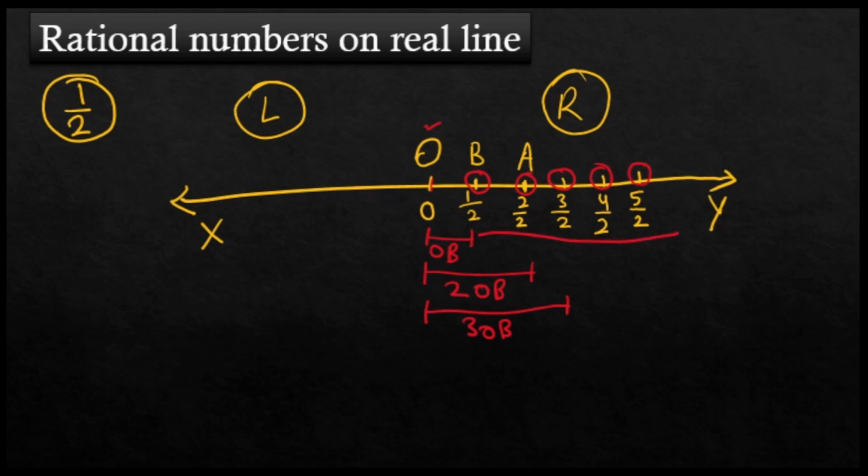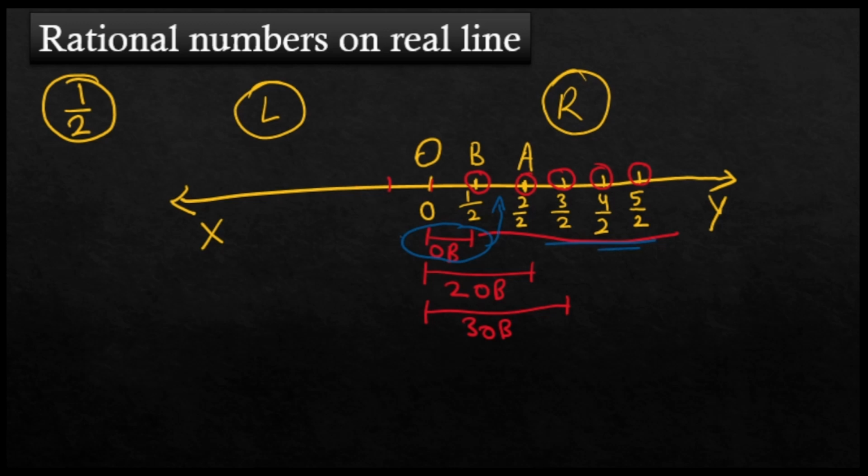On the left side, set of equal distances as equal to OB, again just like the previous one, the same distance we have taken for the right side to represent all these rational numbers.